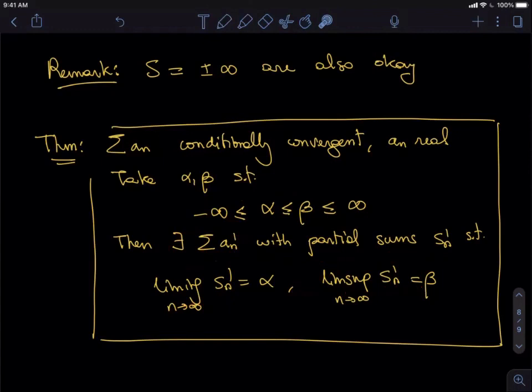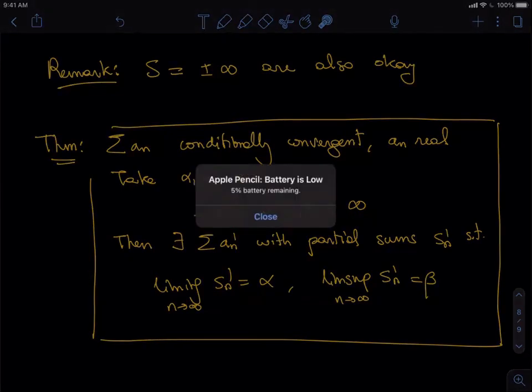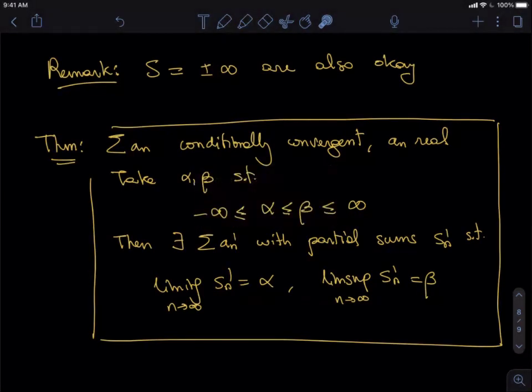So this is a little more general. Before I was saying that the series would converge. Here I'm saying that there are subsequences that go to alpha and to beta respectively. If they are the same, then we are back to the previous case. We have an equality here, alpha and beta, or they could be infinity or negative infinity. This is just a slightly more general version with the same idea for the proof.